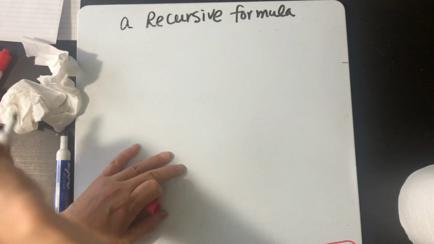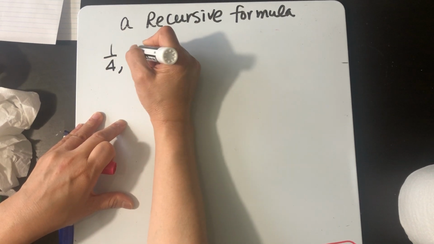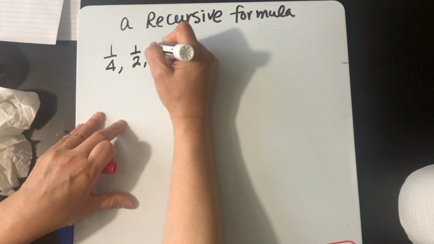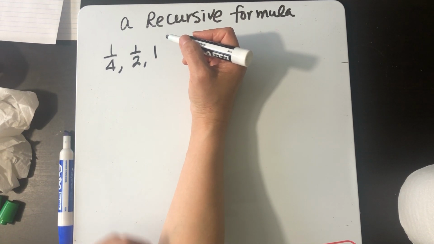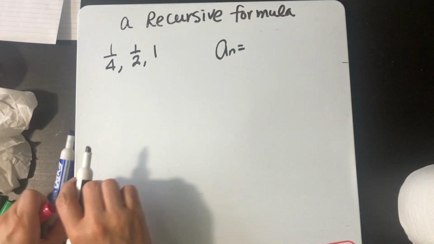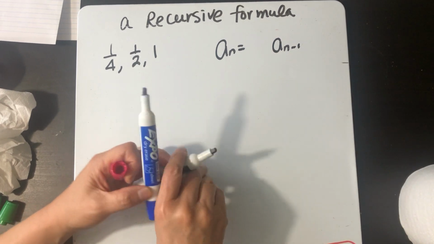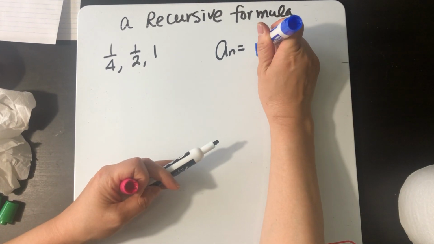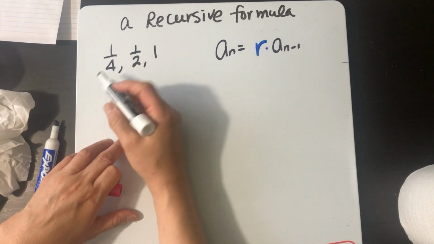Still write the recursive formula. So the sequence is 1 over 4, 1 over 2, and 1. We want to write, again, the formula. This will be a sub n minus 1 times r. Let's find the ratio first.